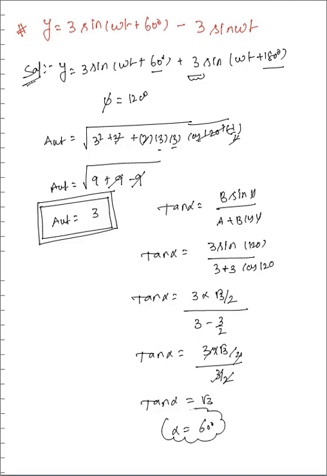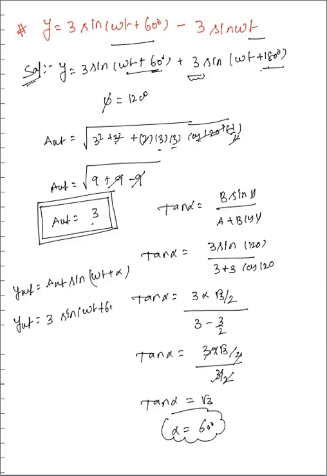Then how can we write y net? Y net equals A net sin(omega t plus alpha), as we generally write. Now we write the A net value: y equals 3 sin(omega t plus ...). Of the two phases, omega t plus 60 and omega t plus 60 plus 180, the least phase is plus 60.